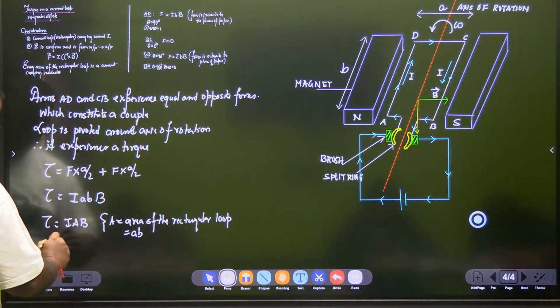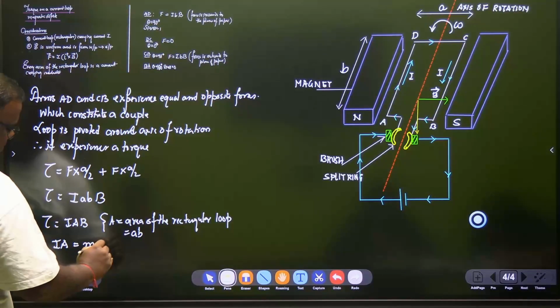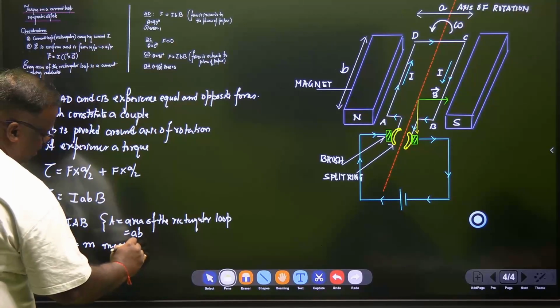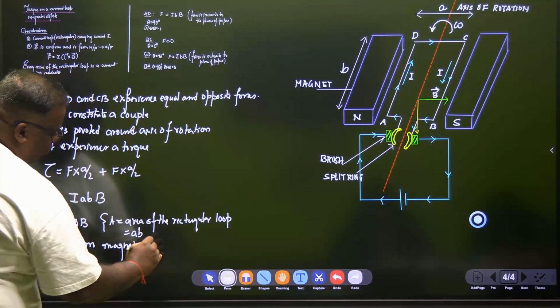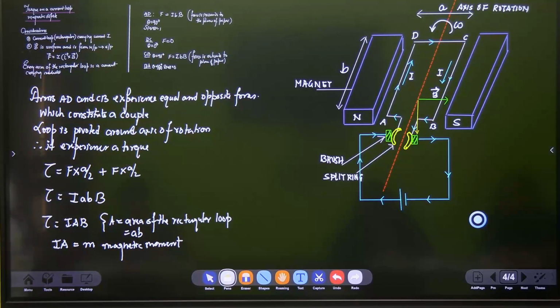This quantity IA, we'll study it a little bit more in detail, is actually known as M, which is the magnetic dipole moment or magnetic moment.